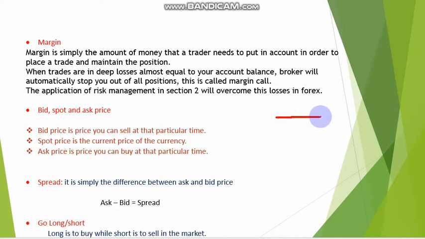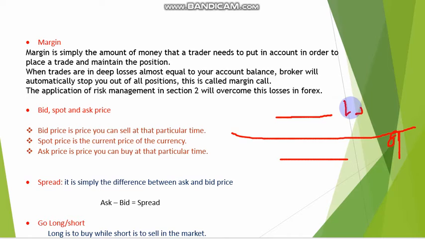When you have your bid price here, your spot price here, and your ask price here. This middle line is the spot price, the price at that particular time. This is your ask, and this is your bid price. The distance between the spot price and the bid price is what they call the spread.